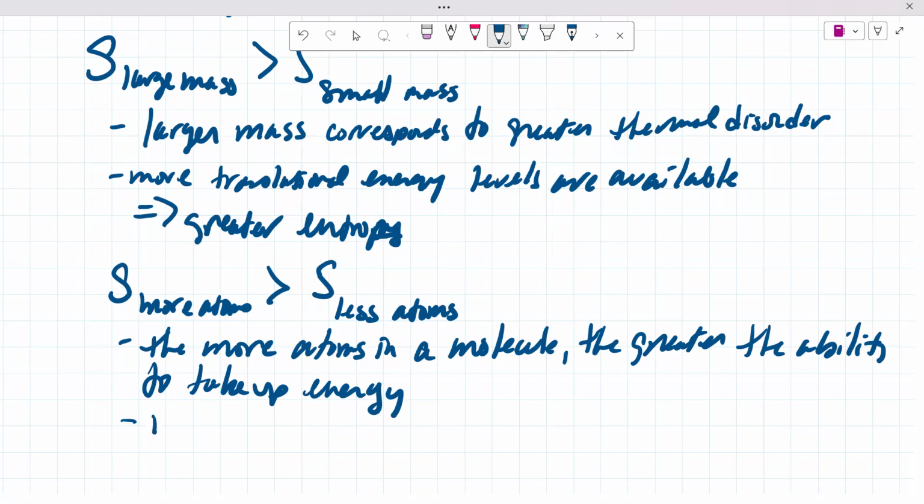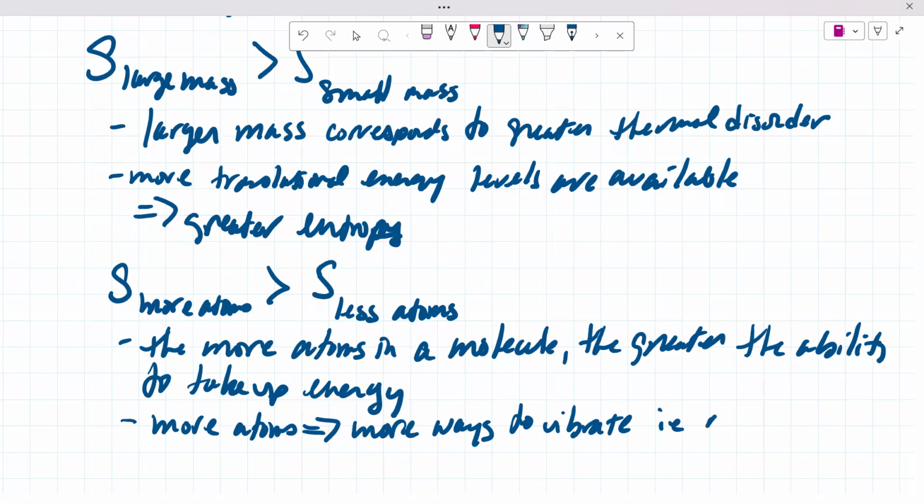So if you have more atoms, you'd have more ways to vibrate. So there are more pairs.